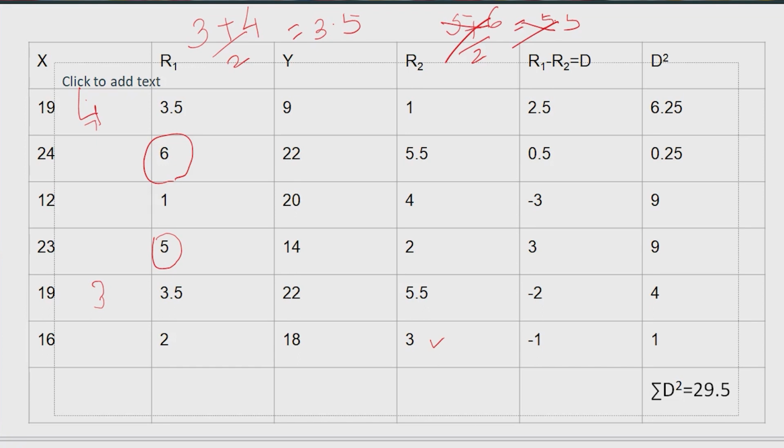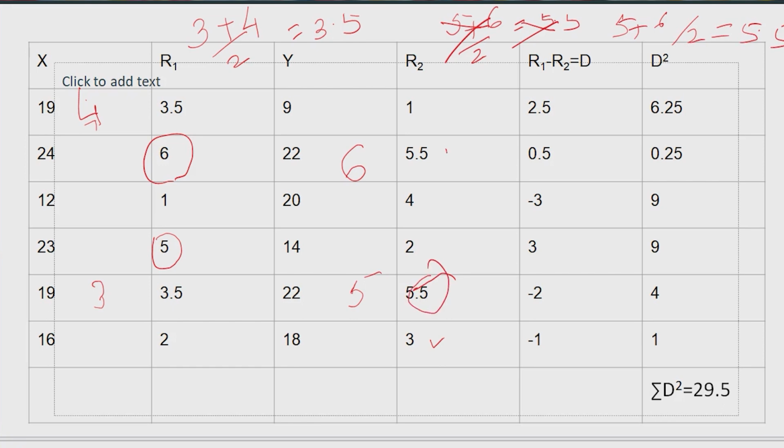There are repeated scores 22 and 22. Now what do I do? I have already given 4 rank to 20, so I will give 5 rank to one 22 and I will give 6 rank to another 22. So I will do the same calculation which I have done. Okay, 5 plus 6 divided by 2, which comes out to be 5.5.